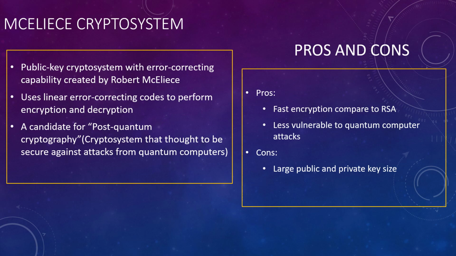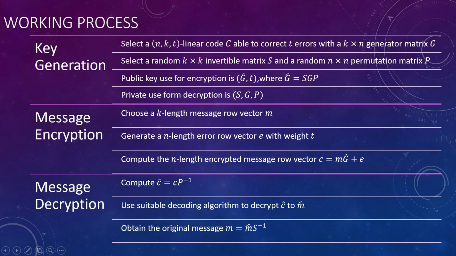And it is less vulnerable to quantum computer attacks, as I said before. But the con is the large public key and private key size, because it uses multiple matrix multiplication. So the public key and the private key will be larger in the McEliece Cryptosystem.